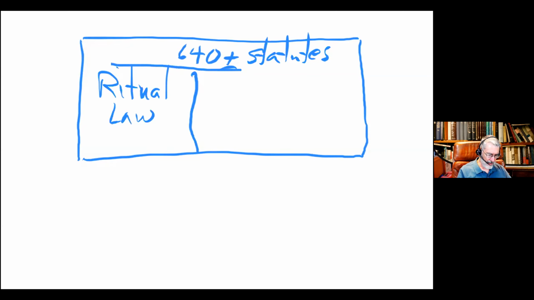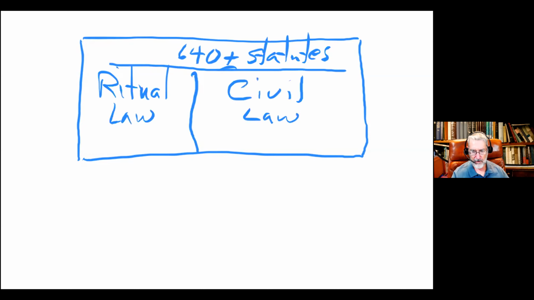The rest of the laws that we find in these books, really quite the majority, roughly 500, are what we call civil law. Civil law includes criminal law, but it also includes what modern scholars call tort law.